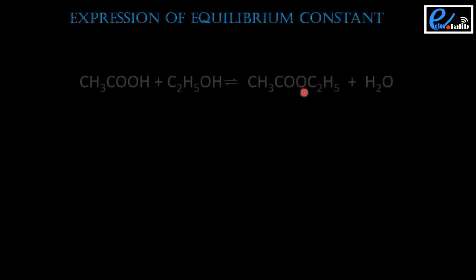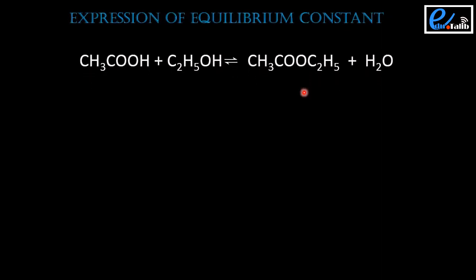Now considering another reaction, this is the esterification reaction. Over here, one molecule of acetic acid is reacting with ethyl alcohol, and these both are reacting and producing ethyl acetate, the ester molecule, plus water. We now have to write the Kc expression for this particular reaction by the same method.